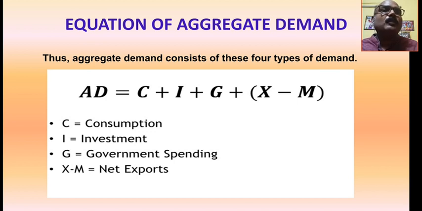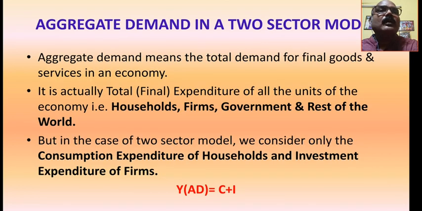It represents the rest of the world sector, where X is equal to export and M is equal to import. Okay, so aggregate demand in a modern economy or open economy is C plus I plus G plus X minus M. You should remember this.